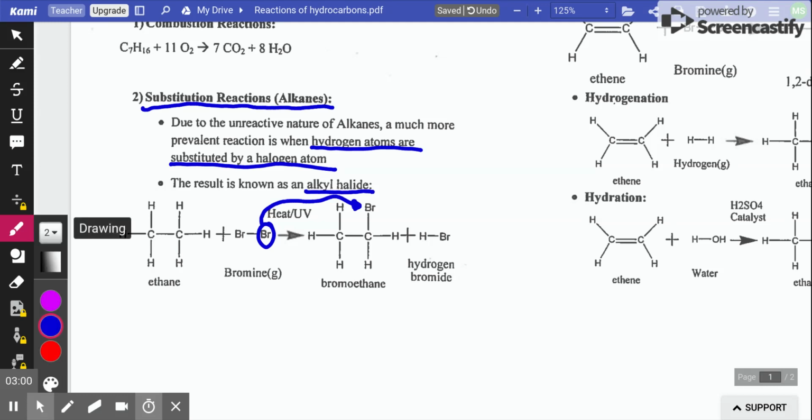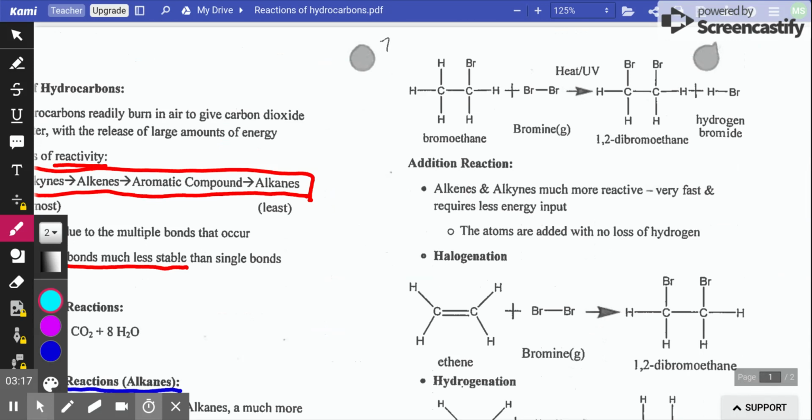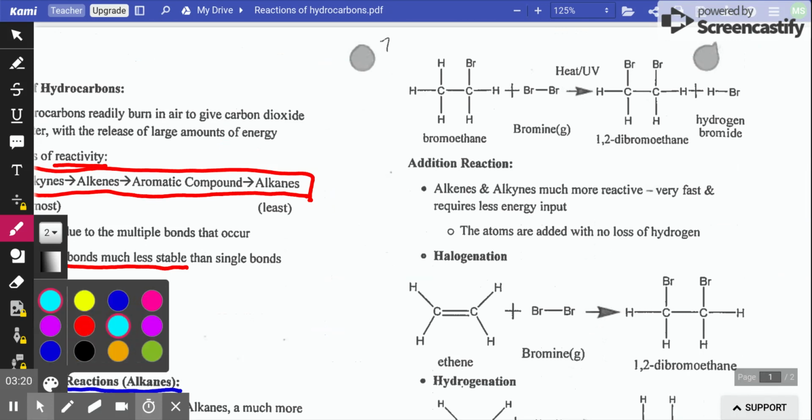Now this bromoethane that we see right here can undergo another substitution reaction, which we'll see over here. Now this hydrogen is getting replaced by this bromine, and now we have 1,2-dibromoethane right here. Okay, so that's our first substitution. That's a substitution reaction.